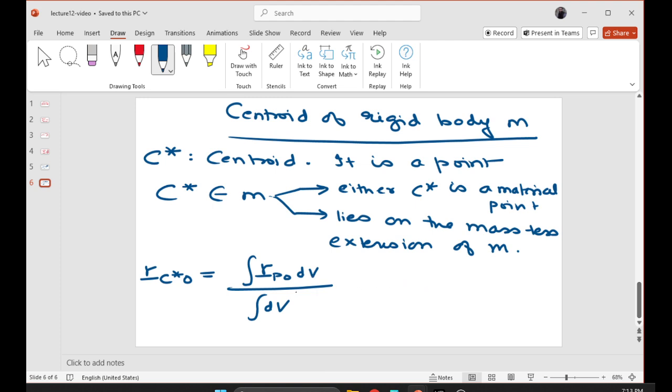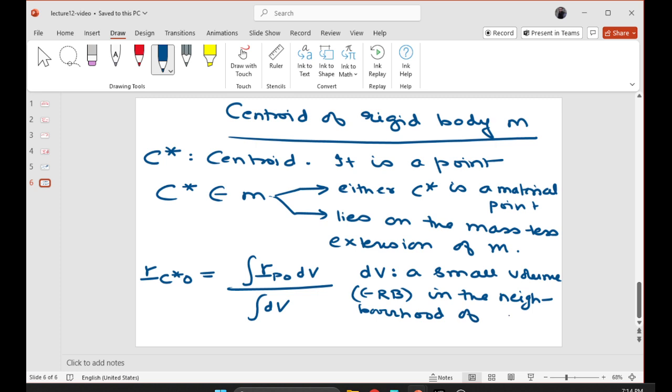Both in the numerator and denominator, you see this infinitesimal quantity dV, which is the volume of a small volume in the neighborhood of point P, a small volume which is part of the RB.